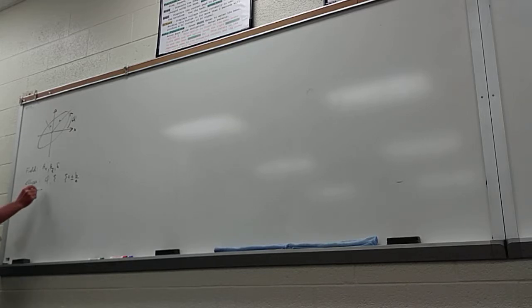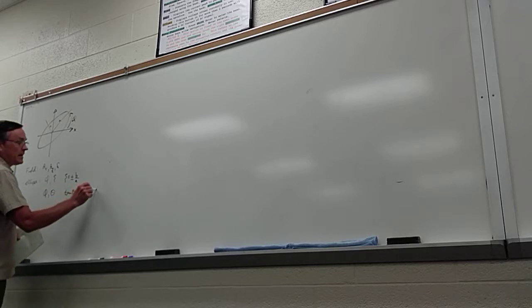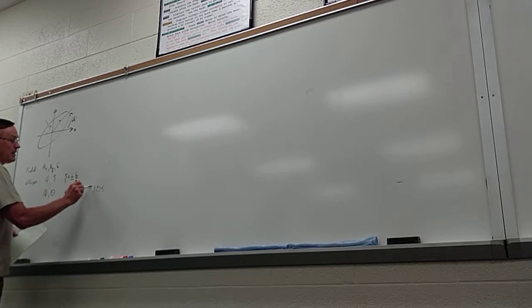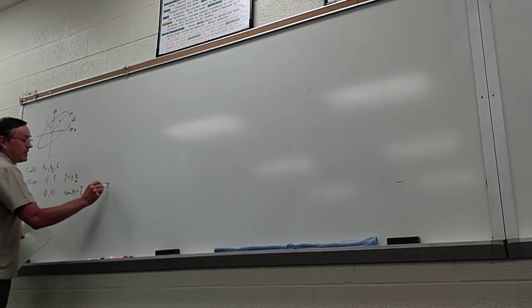Alternatively, we could specify the polarization state by the orientation angle and the ellipticity angle theta. We define tangent of theta as the ellipticity, and that ellipticity angle is between minus pi fourths and pi fourths.